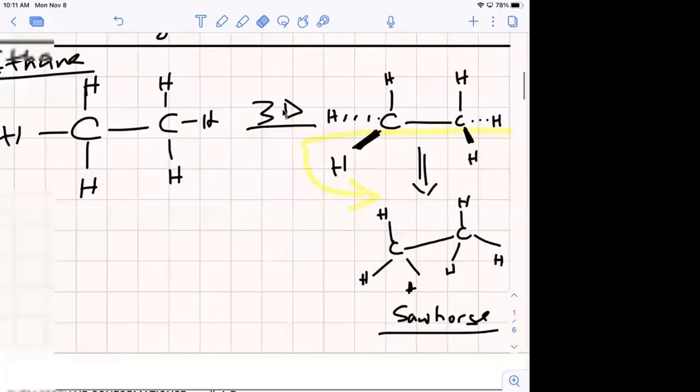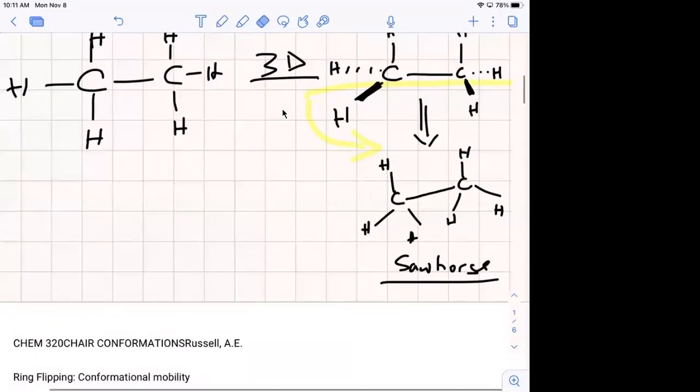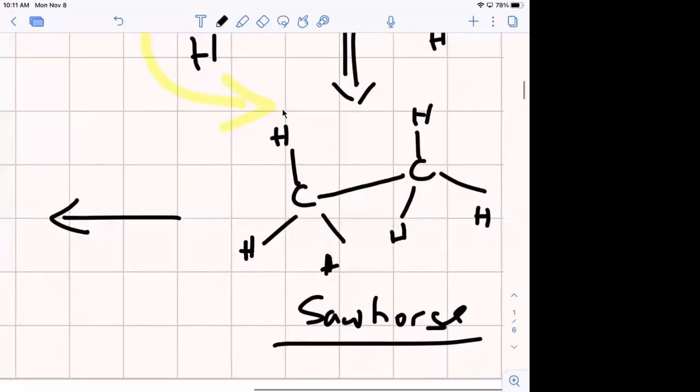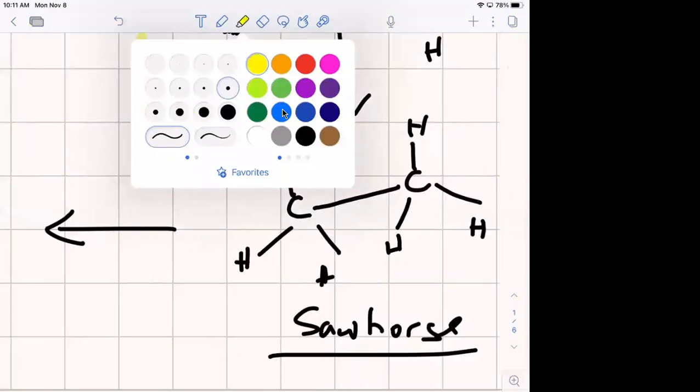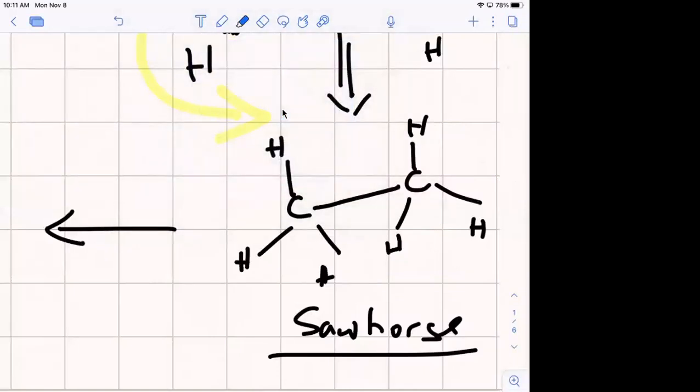So this gives rise to what we call a Newman projection. I remember explaining this a couple of weeks ago, but let's say this carbon is carbon 1, and then the back carbon, the other carbon, we'll call carbon 2.